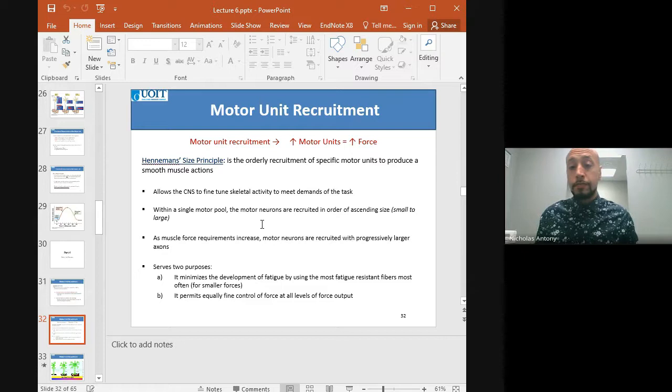Slow twitch, right? And what size are the slow twitch ones? Perfect. So you start off with the slow ones, because if you're going to flex a muscle, you may have to keep contracting it for long. So it's in our best interest to activate the endurance ones first, and then work from that.